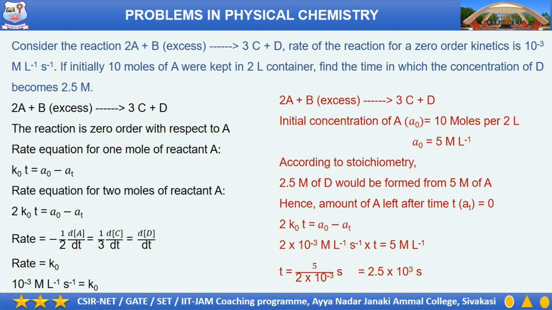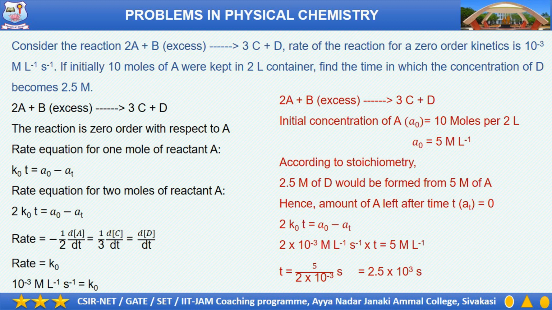But for the CSIR examination, we are going to apply the shortcut method. When 2 moles of A reacted, the amount of D formed is 1 mole according to the stoichiometry. For 1 mole formation, 2 moles of A are required.